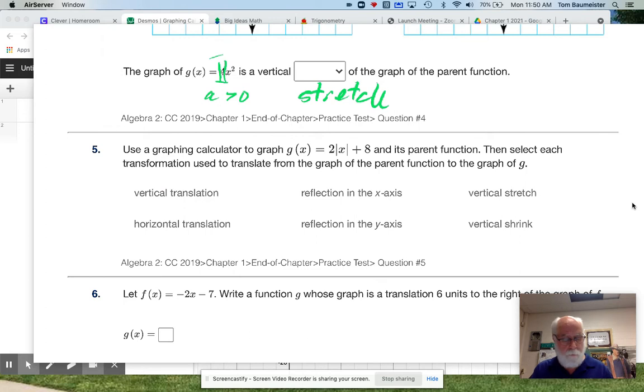On number 5, it says use a graphing calculator to graph g of x is equal to 2 absolute value of x plus 8 and its parent function. Then select each transformation used to translate from the graph of the parent function to the graph of g. All right, so on that one there, let's go ahead and see.